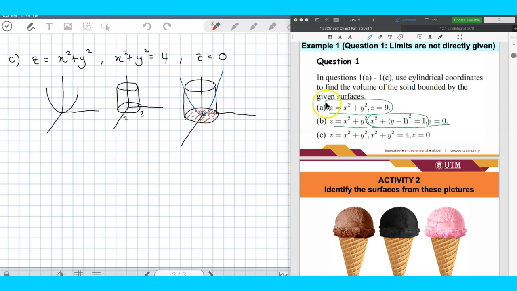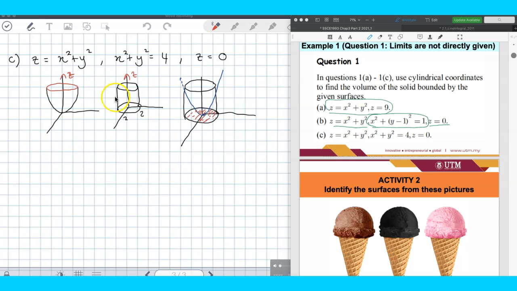Okay, for C, we have to evaluate the volume bounded by the surfaces of the bowl, a concave arc, it's a very large bowl actually, and a cylinder of radius 2. So this one is z, and z equal to 0 is the floor.